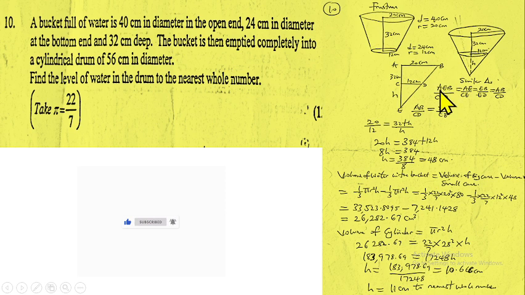How? AE over CE, which is this, should be equal to EB over ED, which is this, should also be equal to AB over CD, which is this as well. So these three ratios we can use to get the value of our h.